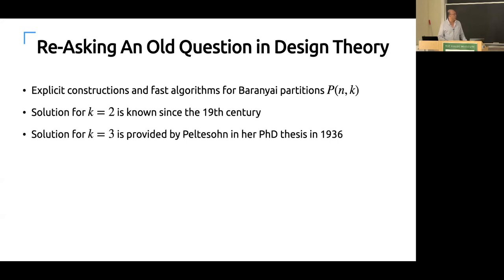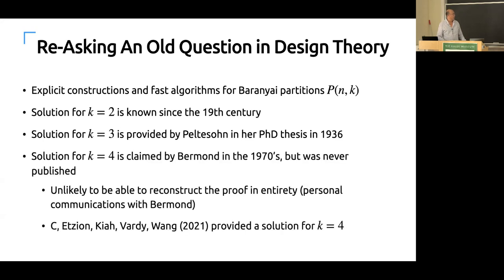For k equals 3, a solution was obtained by Peltesohn in 1936. For k equals 4, a solution was claimed by Baranyai in the 70s but was never published. We wrote to him, and he could not recover the construction anymore. It's also quite unlikely that it covers all the congruence classes of n.